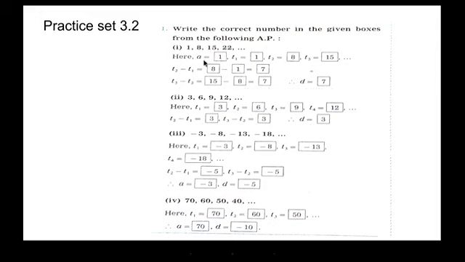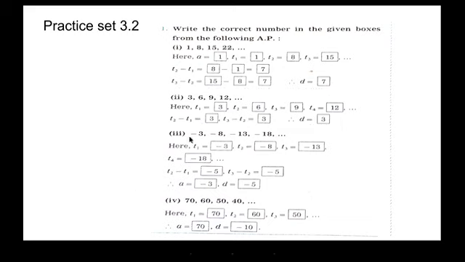To find the common difference, we find the difference between T2 and T1, that is the second term minus the first term, that is 8 minus 1, that will give us 7. Similarly, we can find out T3 minus T2, that is 15 minus 8, which is equal to 7. So the difference is constant, that is D is equal to 7.